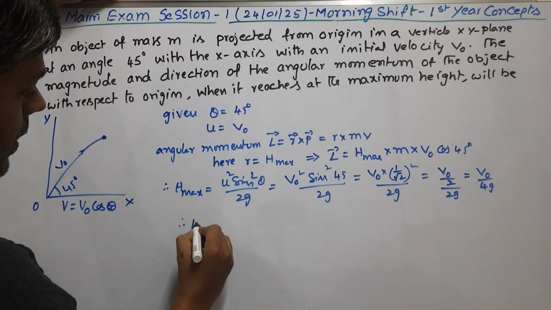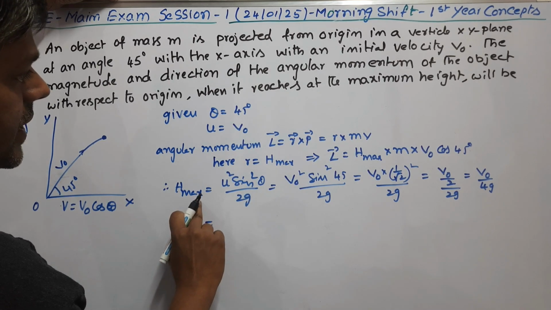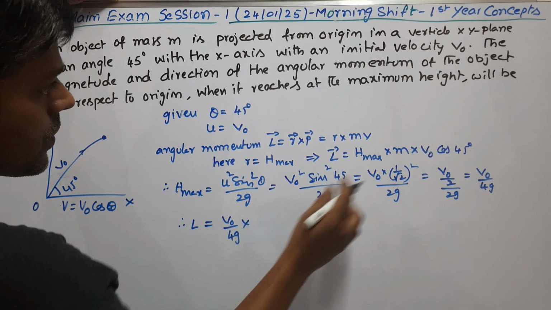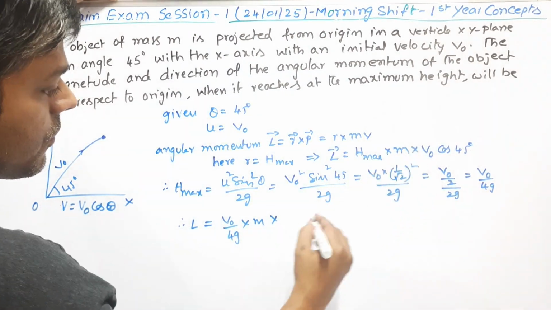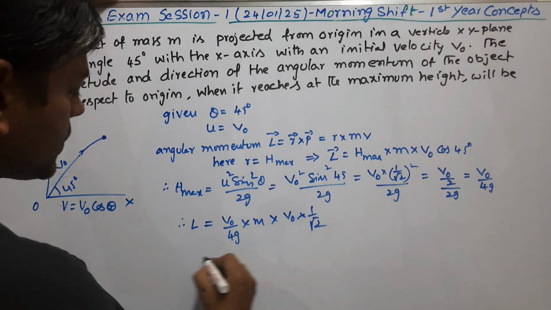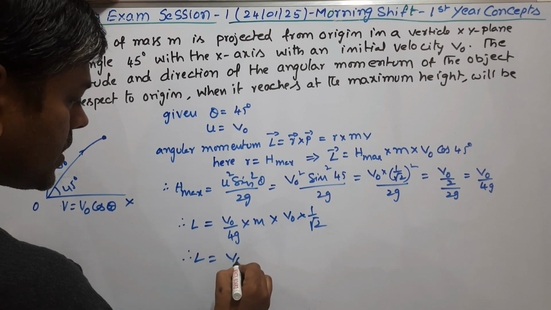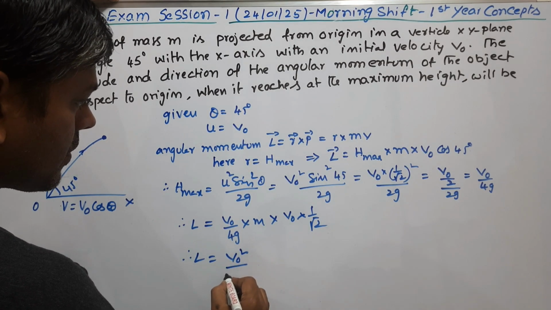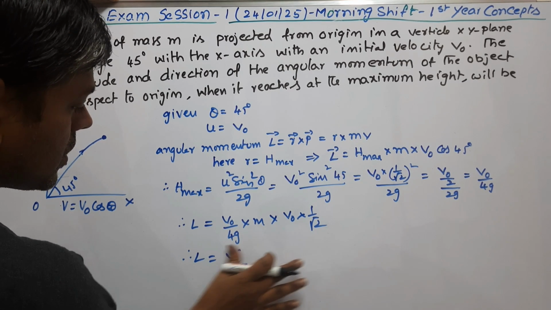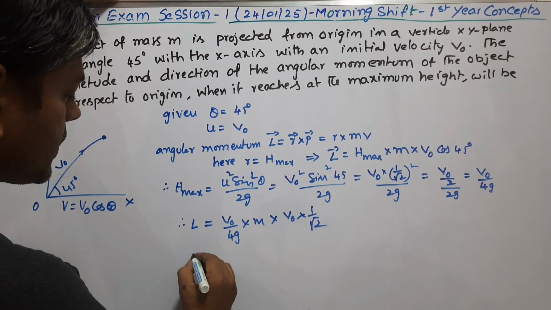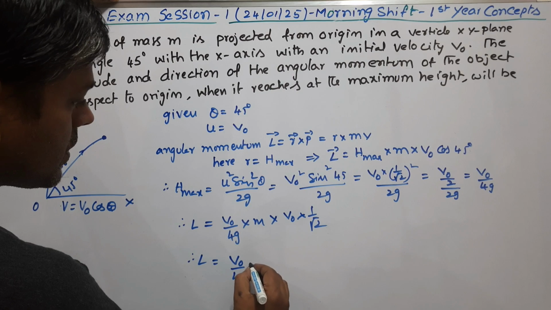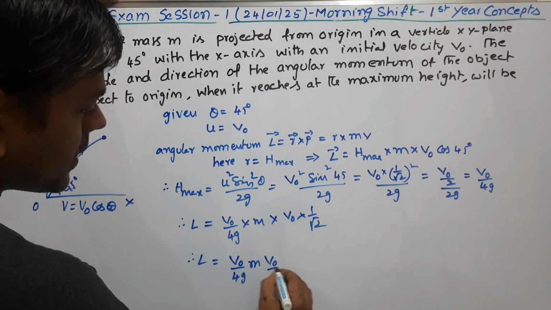Therefore angular momentum L is equal to r, where r means H, which is V naught square by 4g, into mass m into V naught into cos 45, which is 1 by root 2. Therefore L is equal to V naught square by root 2 into 4g. We may write simply like this way, right? L is equal to V naught square by 4g into m into V naught by root 2.